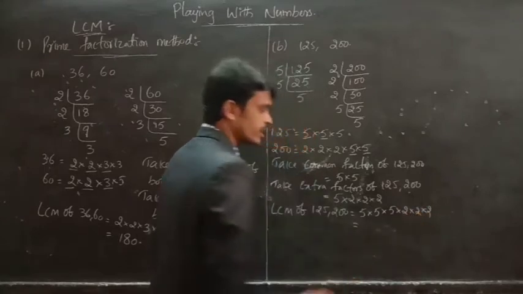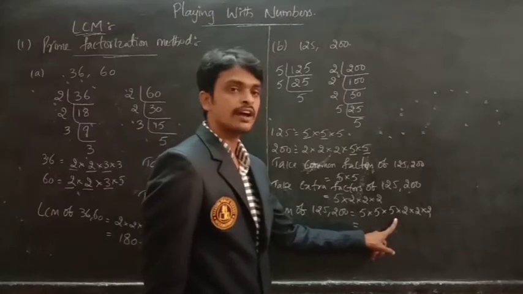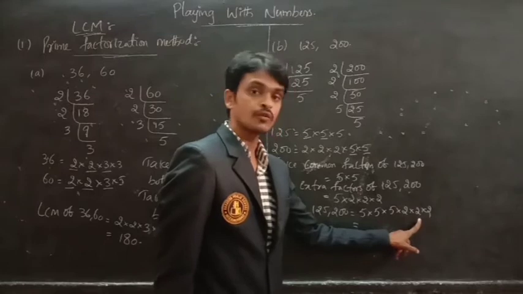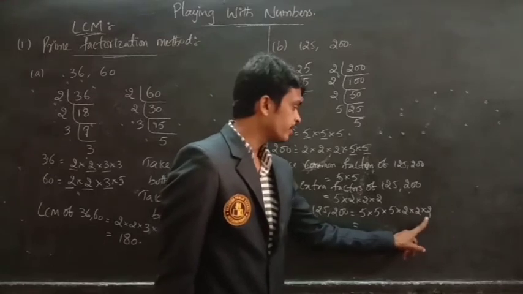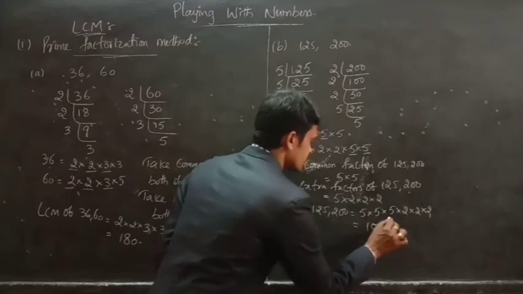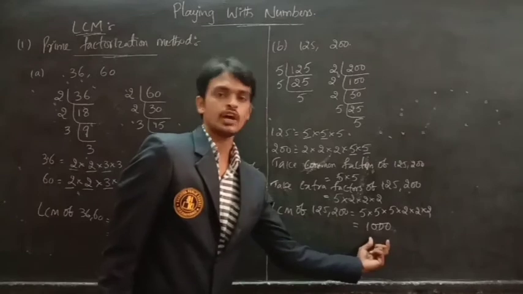Let us multiply: 5 fives are 25, 25 twos are 50, 50 twos are 100, 100 twos are 1000. So the LCM of 125 and 200 is 1000.